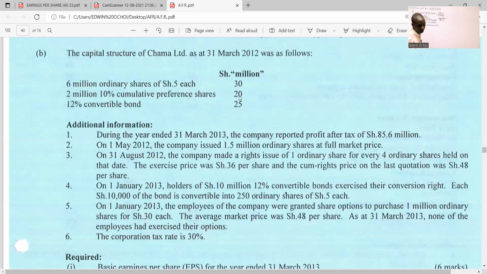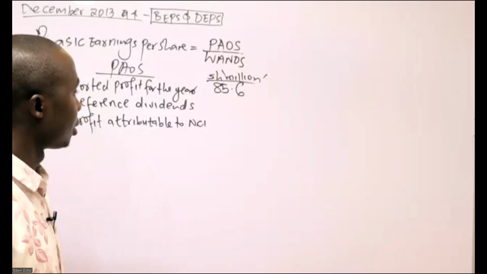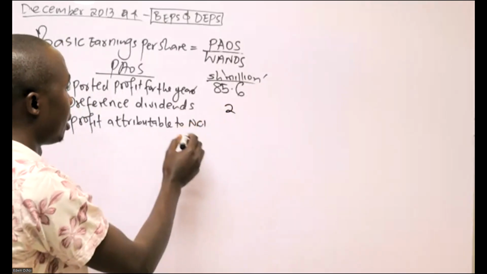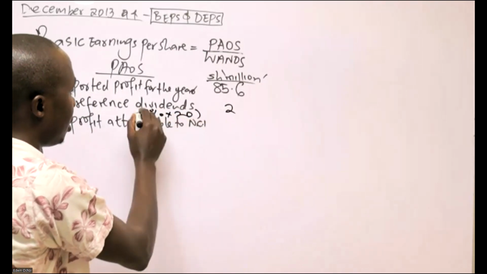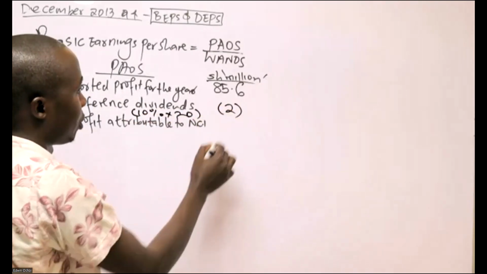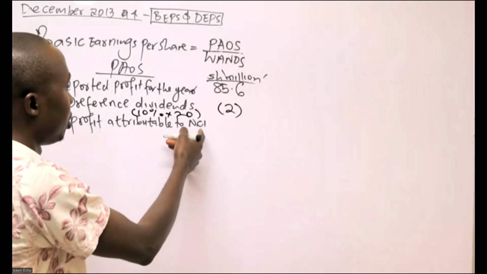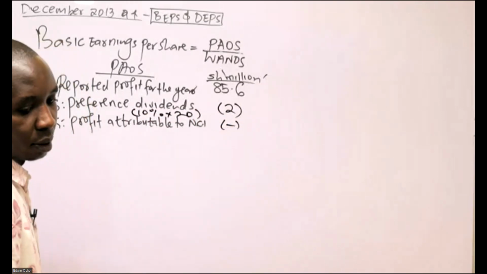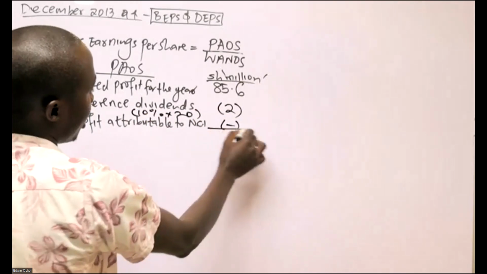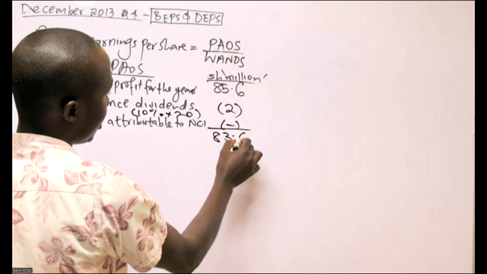The value is 20 million, so the dividends will be paid based on this contractual rate of 10%. 10% of 20 is 2, so this one you deduct. There is no profit attributable to the NCI, meaning that we have 83.6.